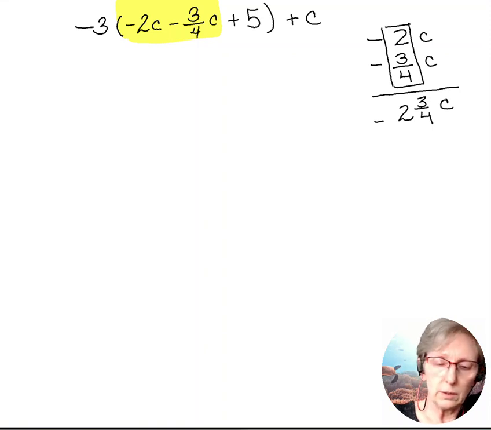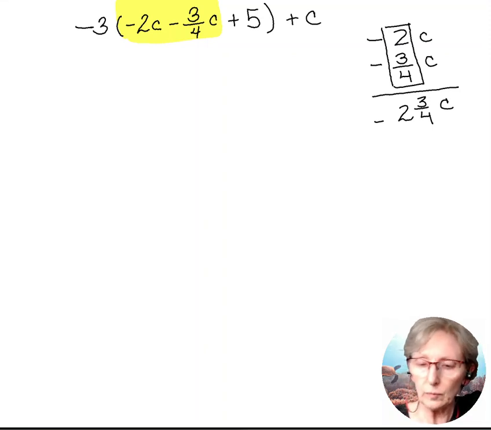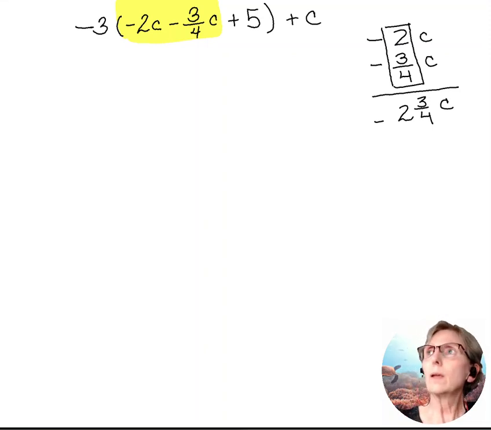And since we're going to keep doing stuff with this, I'm going to make it improper. And if you are like a wizard at turning things from mixed numbers to improper, I apologize, but I'm going to do it two different ways for you.